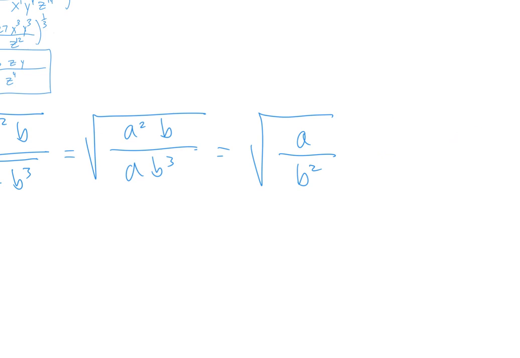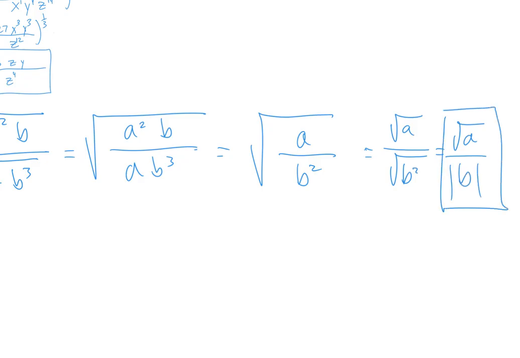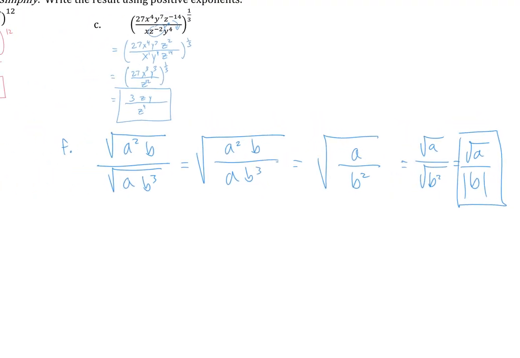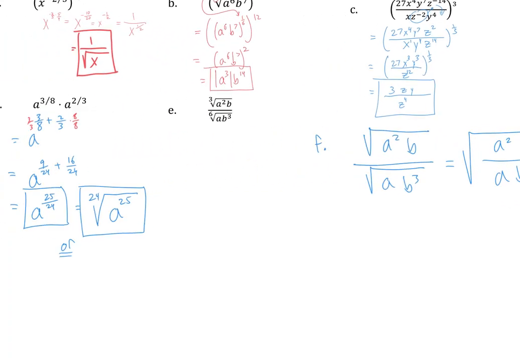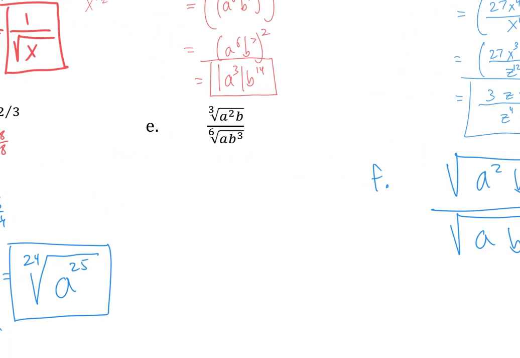Square root of a we can't do anything with, but the square root of b squared is b. Technically, it should be absolute value. So, if we have the same index, we put it together, simplify it, break it back up, and then do the square rooting. Okay, so this is a little different, but that's an important example to look through there. So glad we did that.